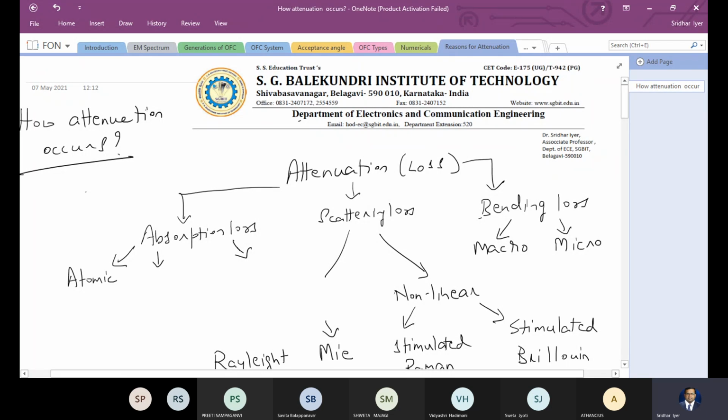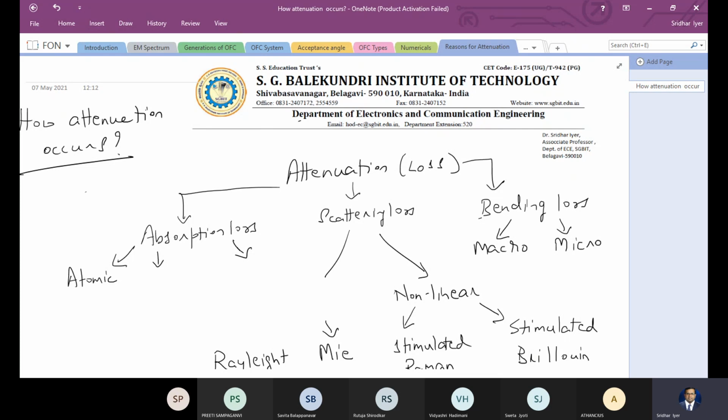A quick recap. In the previous class we understood the concept of attenuation, and we have seen that in the fiber the attenuation is very strong, in the sense that the input power undergoes an exponential decay by the time it comes out at the receiver end. We have seen the different equations of attenuation.